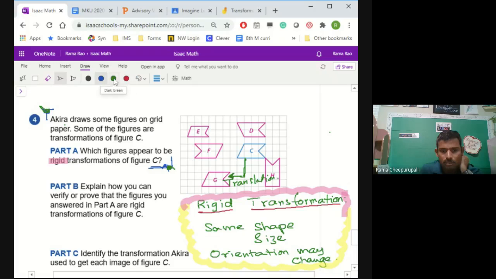Now, the next one, I'm going to change to a different color, green. From C to D, what do you guys think? What happened? Is it a translation, reflection, or rotation? Good job, good job.